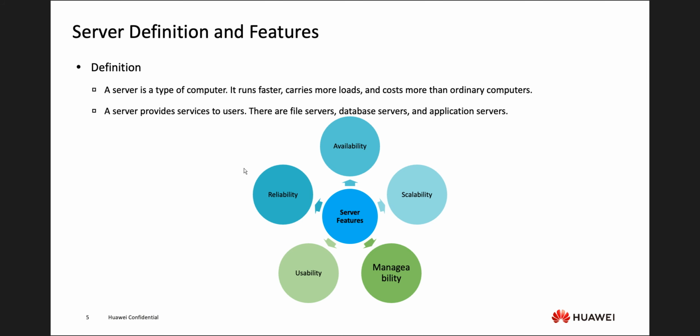A server is basically a type of computer. As I said, it's a PC, right? It's just a normal PC, but it allows you to run things faster. It can carry more loads, so you have more loads that you can run on the server, and obviously it's more costly than normal computers. Where a good laptop costs you about 20K, a server will be plus minus starting off at 40K.